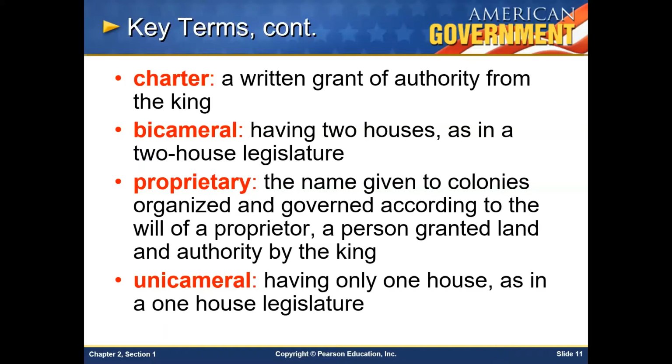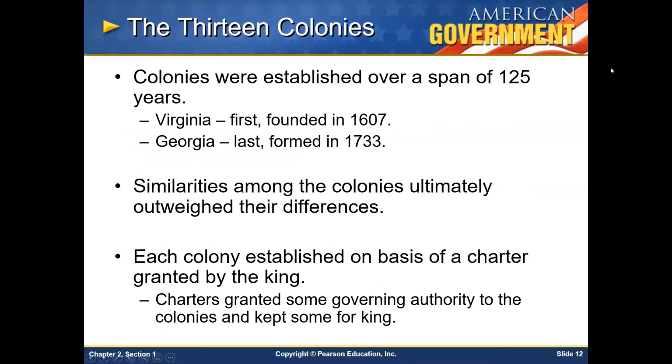Then we have unicameral, which is, again, una is 1, cameral is house, so a 1-house legislature. Those bicameral and unicameral terms we'll use throughout the semester, so you do need to be familiar with them, and maybe right now you're already thinking of some examples of at least a bicameral legislature.